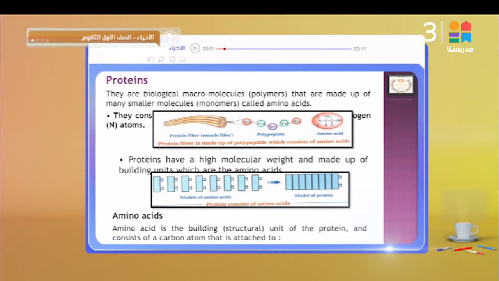Amino acid is the building unit of the proteins and consists of carbon. This carbon is called alpha carbon. Why is it alpha carbon? Because it's connecting directly with the carboxyl group, COOH, and the amine group, H2N. Okay, so it's called the alpha carbon atom.